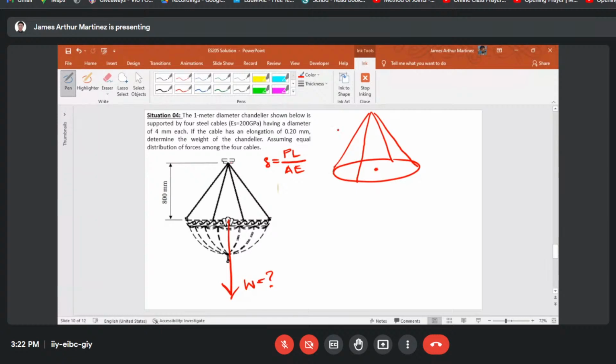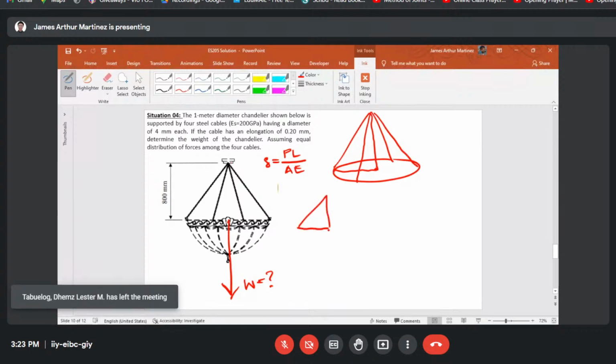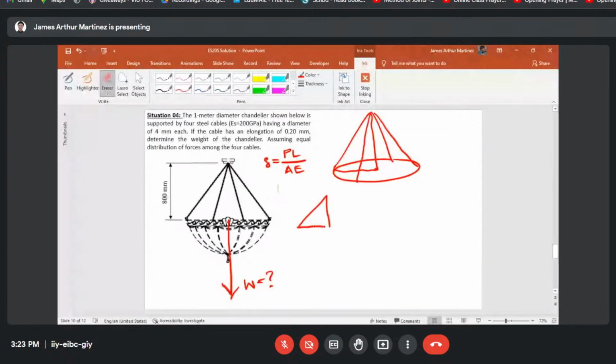If we analyze one cable as a representation of the four cables, we create a triangle. In engineering mechanics, it is all about finding the geometric relationship of your structure so you can compute the values or data you can obtain, such as this one.